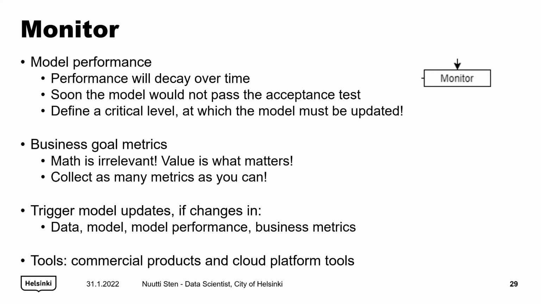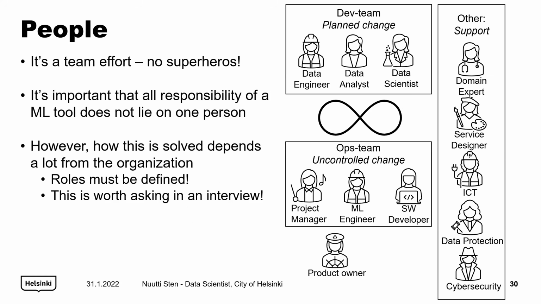There's quite a lot of stuff that we've covered so far, and it's a good reminder that this is not a one-person job. There should always be a team or multiple teams and well-defined roles in an organization so that they can actually apply machine learning.